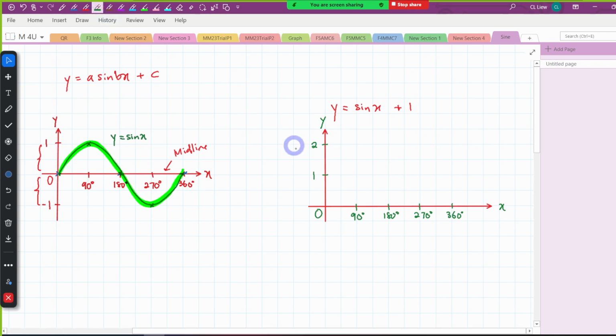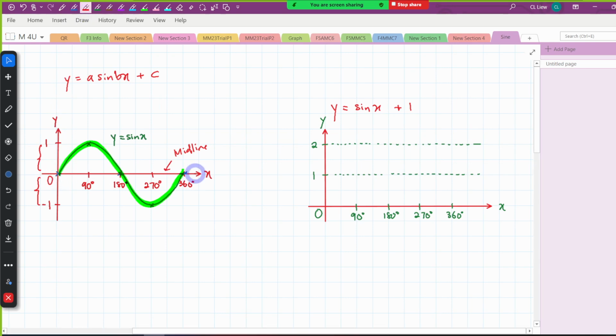Let me draw some dotted lines first. If you are drawing on plain paper, you need to draw some dotted lines to guide you to plot the points. Here I have the small grid, so I don't have to draw the dotted lines, no problem. Now just refer to this graph and we'll be able to draw it easily. So the first point is over here.